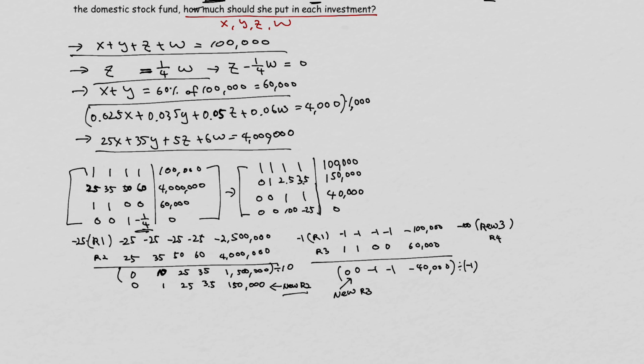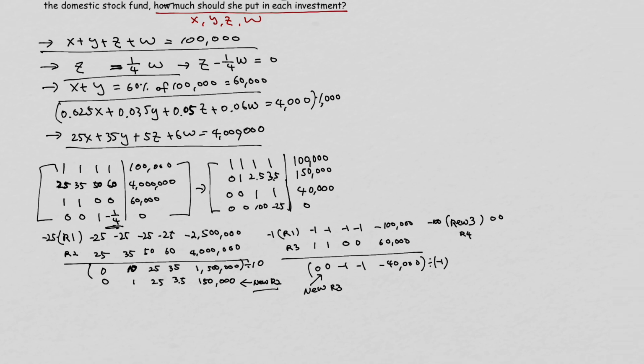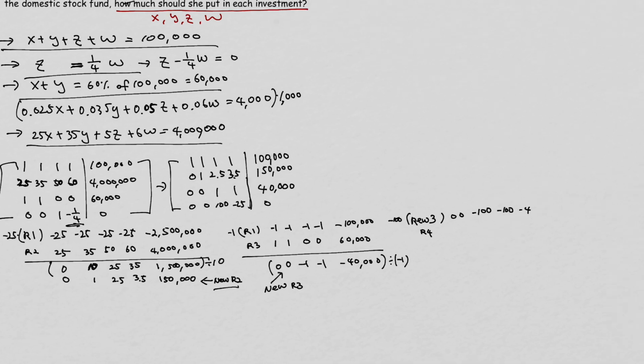So that will give me 0, 0, negative 100, negative 100, and negative 4 millions. And then new row 4 is 0, 0, 100, negative 25, and then 0.